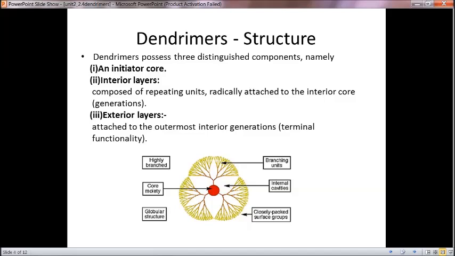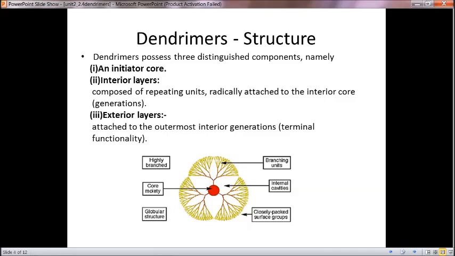It's a globular structure with closely packed surface groups. The interior layer is composed of repeating units radially attached to the interior core, and the exterior layer is attached to the outermost interior generation for terminal functionality. As we see here, these exterior layers are closely packed surface groups.